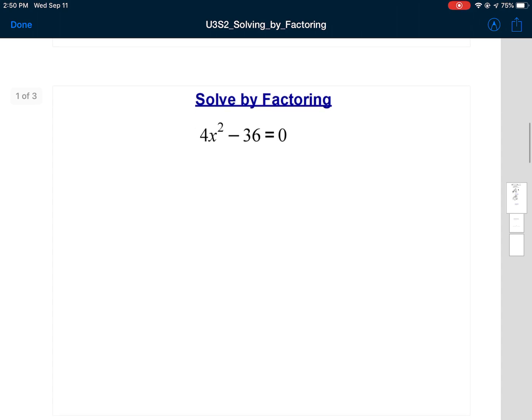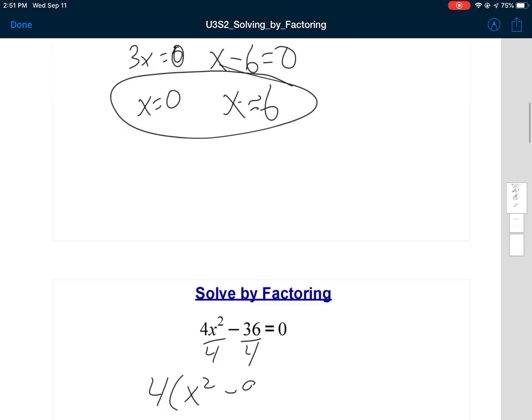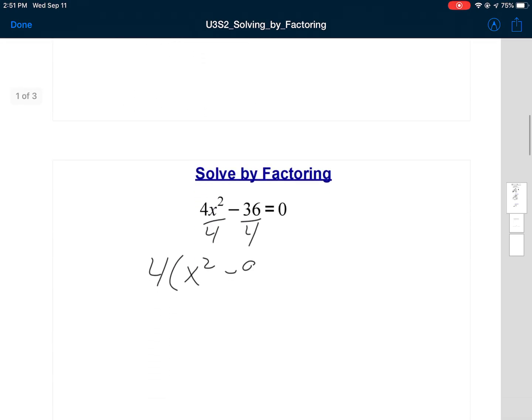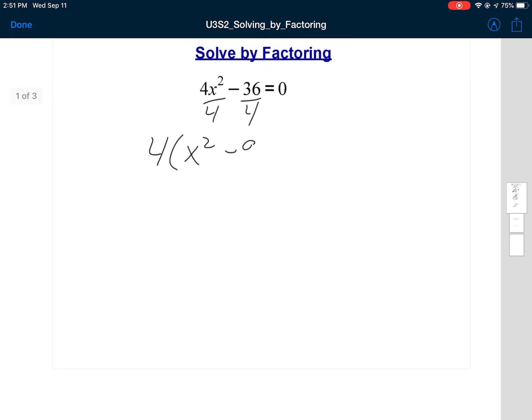Okay, same thing here. I noticed that they are both divisible by 4. Now, 4 is not going to give me a solution because it doesn't have an x in it. But when I take out that 4, what I'm doing is I'm knocking these values down to a smaller number. So for example, 4x squared turns into 4, and 36 can turn into 9.